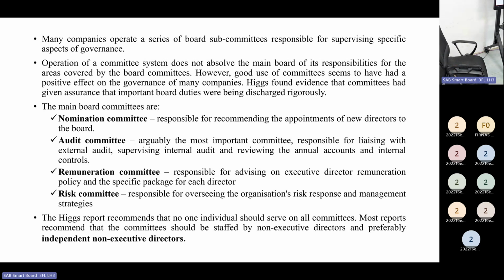They have so many things to overlook and focus on. When it comes to the audit committee, you will see that they have quite a lot of areas to cover. Okay? So arguably the most important committee, responsible for liaising with the external audit, supervising the internal audit, and reviewing the annual accounts and internal control.